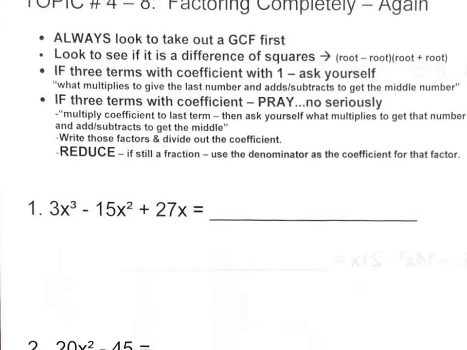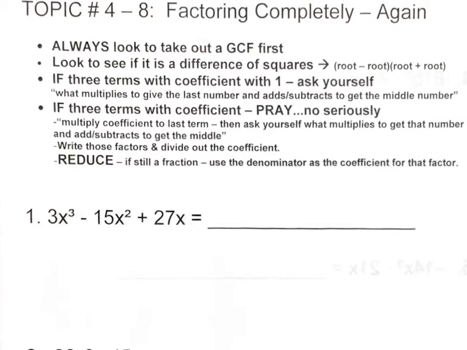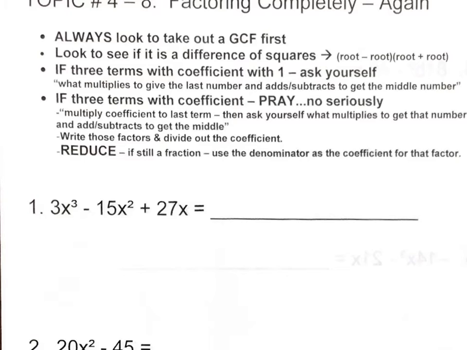Looking at number 1, you see that you can take out a 3x. So if we take out a 3x, we have x squared minus 5x plus 9.